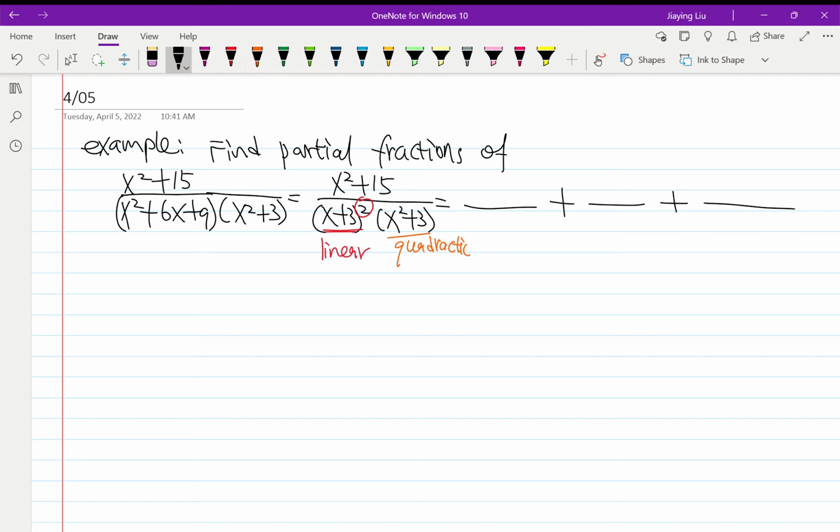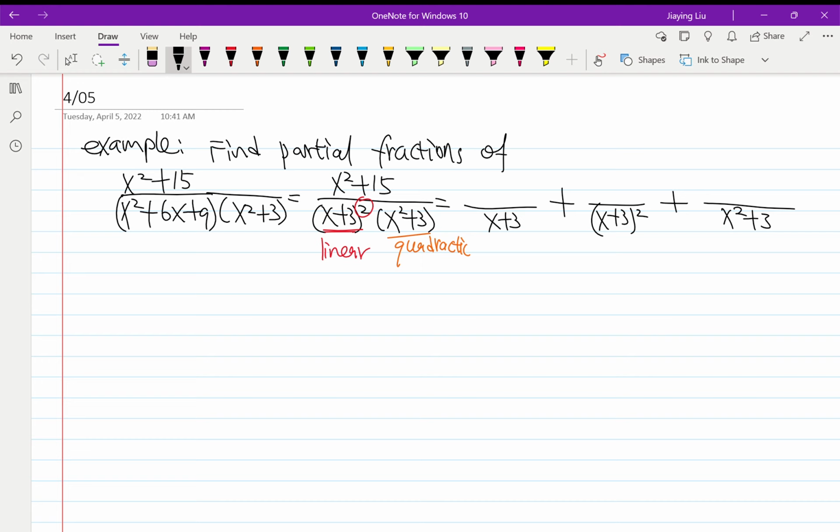So in the end, the general form for the partial fractions will have x plus 3 as a denominator, but there are 2 of them, so we write x plus 3 squared as a different denominator. Then the quadratic just goes by itself, x squared plus 3 as a denominator.